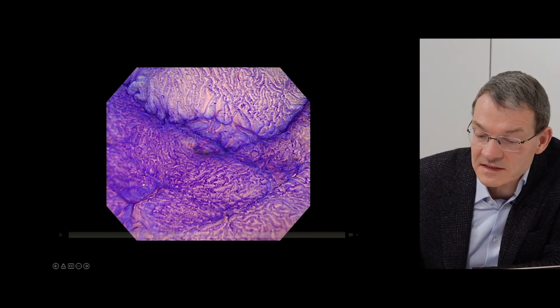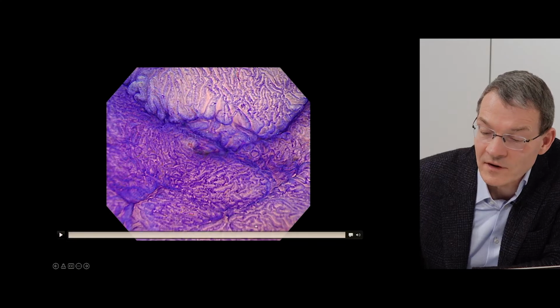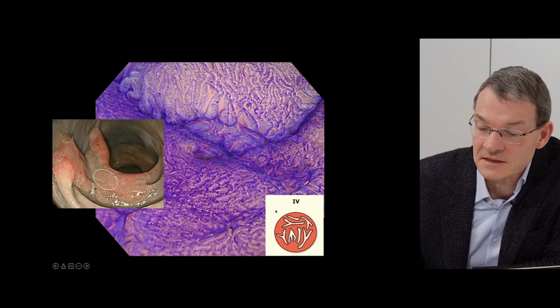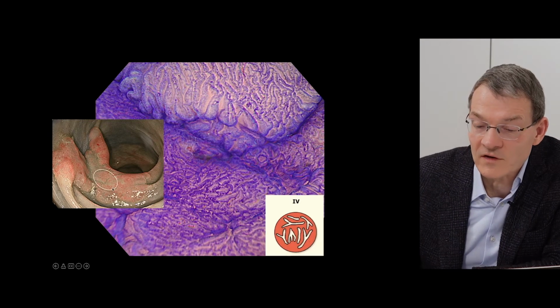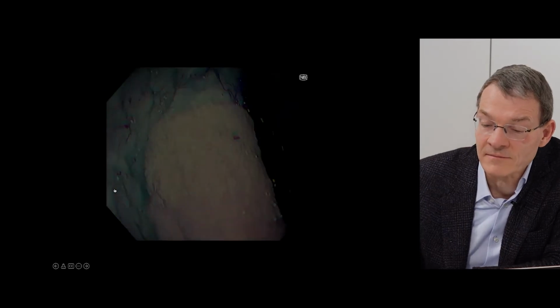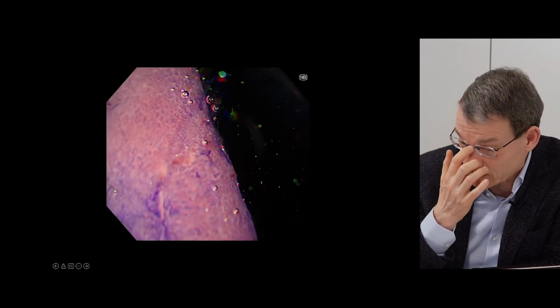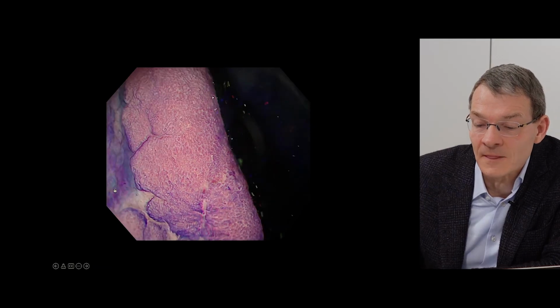So here nicely we can see these type 4 pits. This is a picture here. So type 4 pits in this central area. Now we are focusing on the reddish area. We also do underwater with magnification.